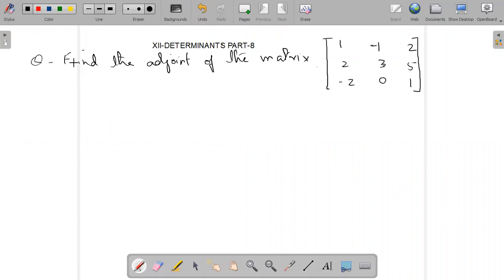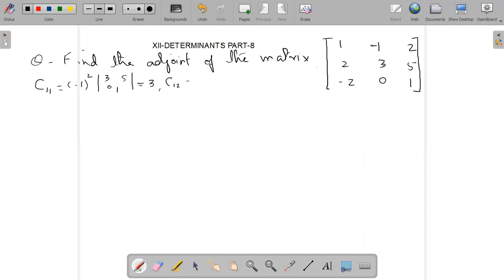As you know, we have to find C11, C12 and so on. First we will find C11. C11 is minus 1 raised to power 2 times the determinant of 3, 5, 0, 1, which is 3 minus 0, so 3 is the answer for C11.